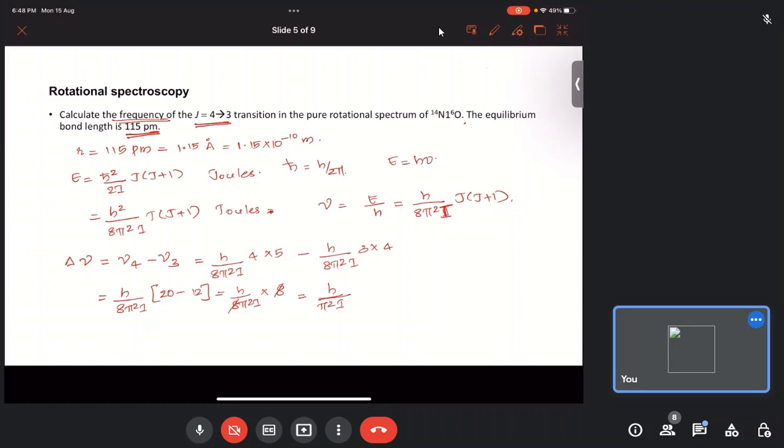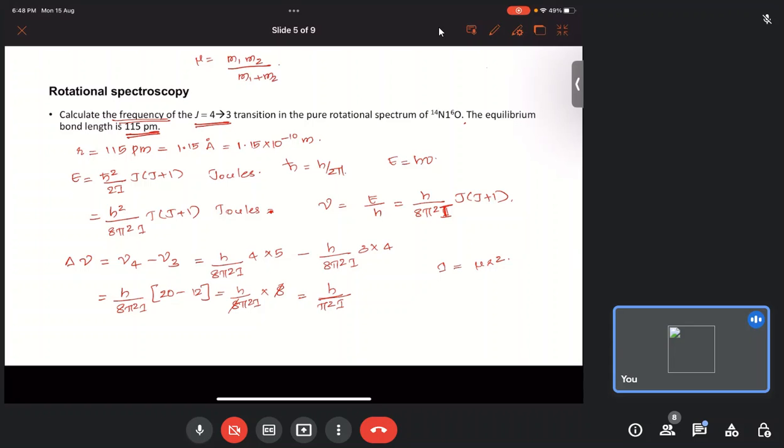So I is equal to mu r square. Now we have to find out what is mu. Mu is equal to m1 m2 divided by m1 plus m2.